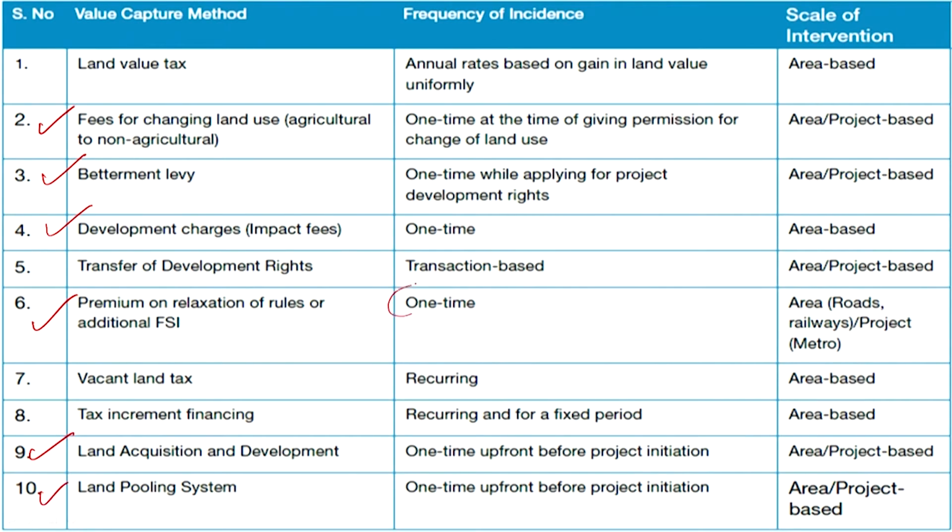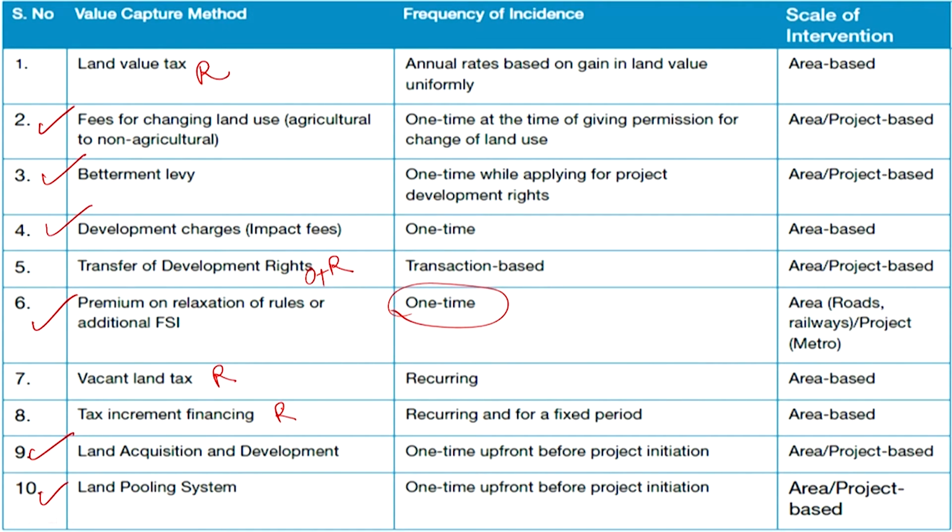These are one time charges, taken before the development, whereas the land value tax is recurring. TDR can be recurring or one time. Vacant land tax is recurring, tax increment is recurring for some time till the project is complete. So, these are the differences based on the recurring or the one time tax.